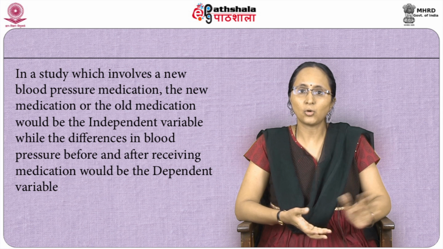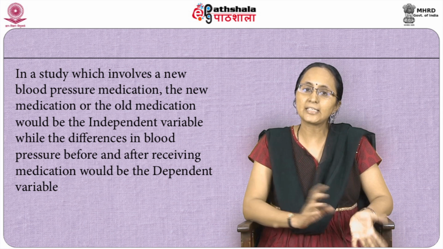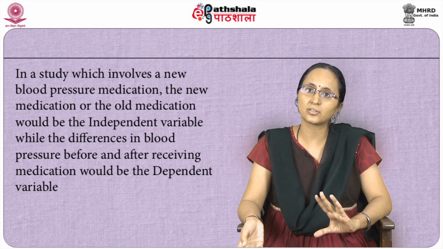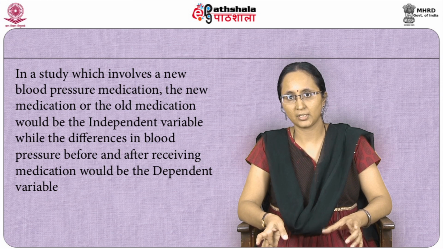So, let us look at a study that looks at a new blood pressure medication. The new medication and the old medication would be the independent variable, while the difference in blood pressure before and after receiving the new medication would be the dependent variable, right.